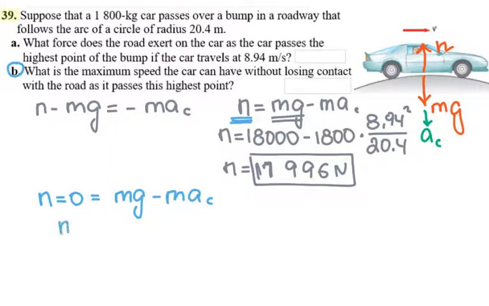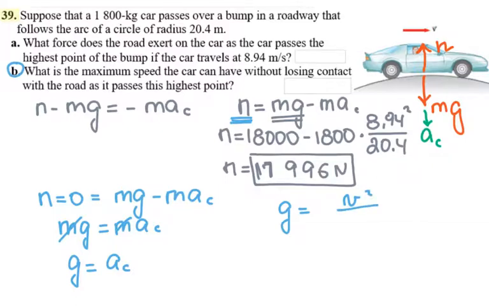That means mg must be equal to m a_c, or g must be equal to a_c. In other words, g is equal to v squared over r, or v is equal to the square root of rg.